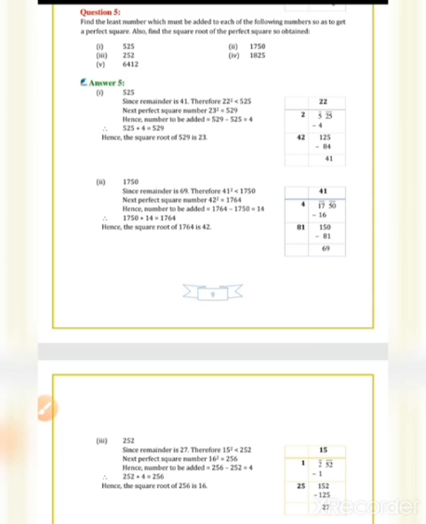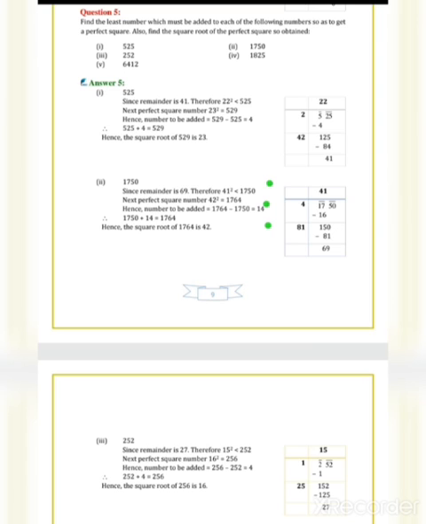If we want to make the next perfect square number, it is 42 square, that is 1764. The number to be added is 14, because the difference between 1750 and 1764 is 14.